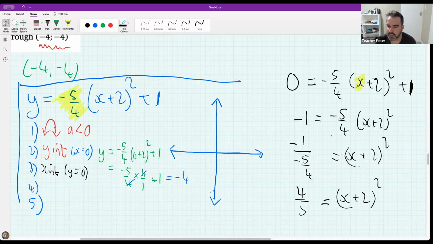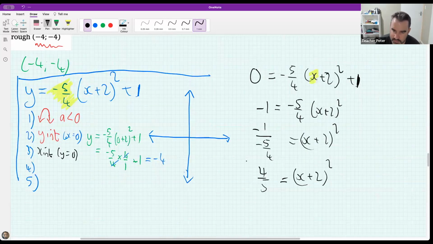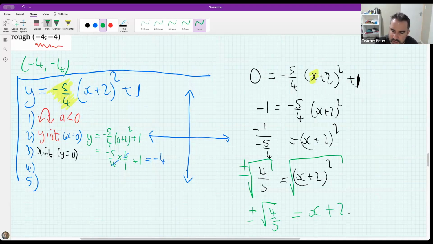Okay, because we're running out of time, I'm helping you do this in a little bit of a speedy way. Now, we're solving this. You could have broken it up, but basically, when you square root here, you're going to get plus or minus. So you're going to get the square root of plus or minus 4/5, and then on this side, you're going to get x plus 2.